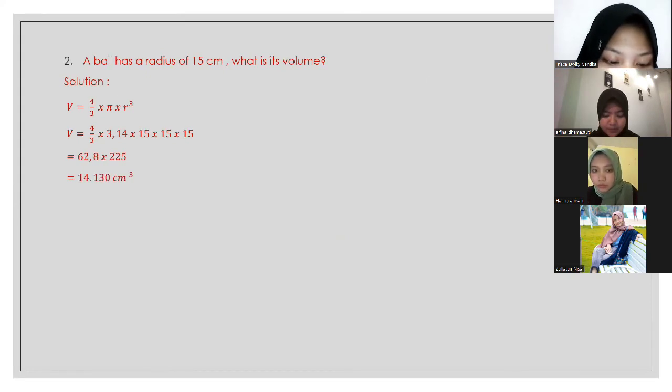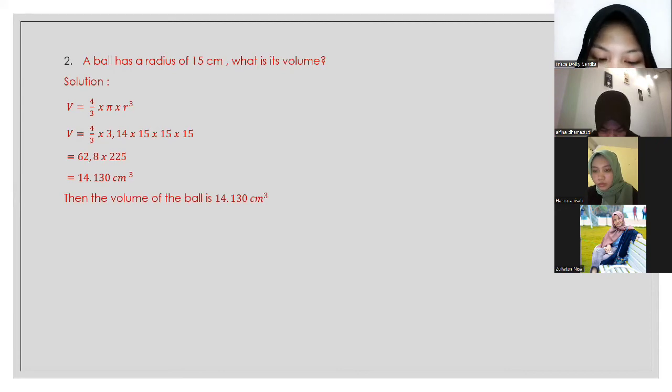A ball has a radius of 15 centimeters. What is its volume? Solution. Now we find the volume of the sphere. Does anyone know the formula for the volume? The formula for the volume of a sphere is 4/3 times pi times the radius cubed, and we enter 4/3 multiplied by 3.14 multiplied by 15 multiplied by 15 multiplied by 15, equals 62.8 multiplied by 225.